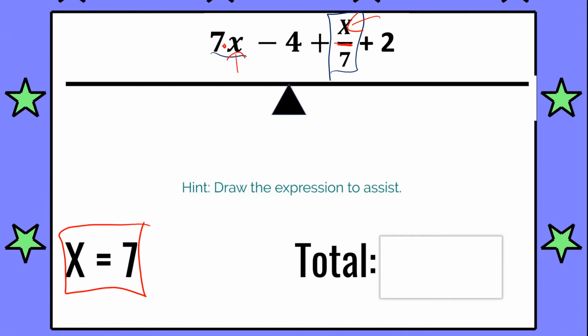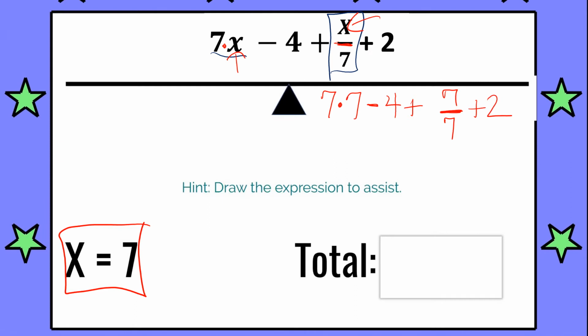So I'm going to rewrite this as 7 times, what is x? x is 7. Then I'm going to copy my minus 4, copy my addition sign, copy the fact this is a fraction. I'm going to change that numerator, since that's the unknown, and the unknown is 7. I'm going to change that to a 7. Now what's the denominator? A 7, and then copy the plus 2.